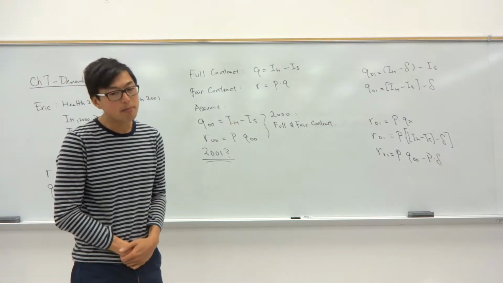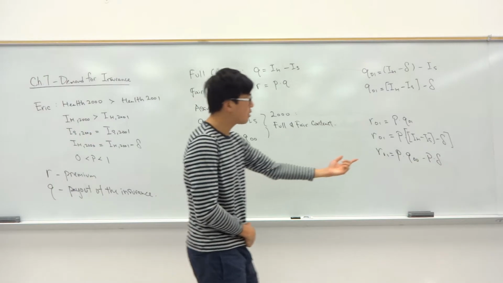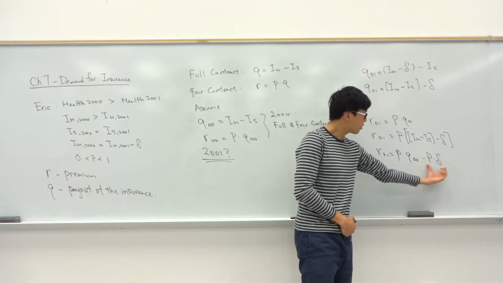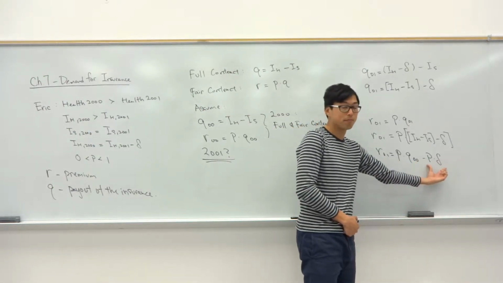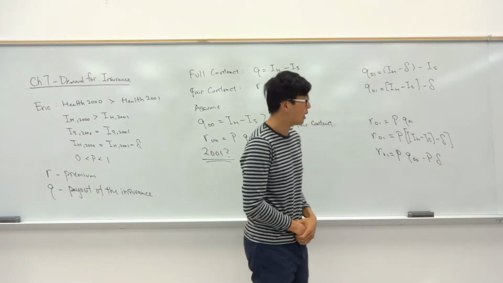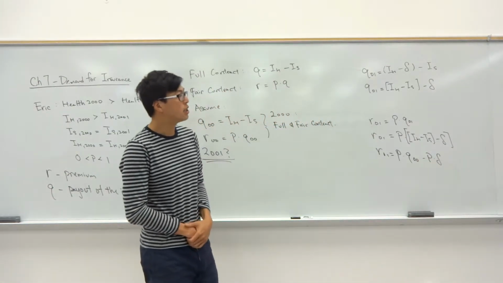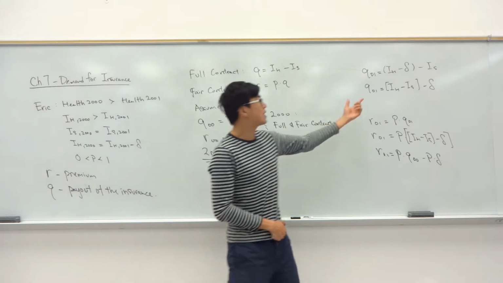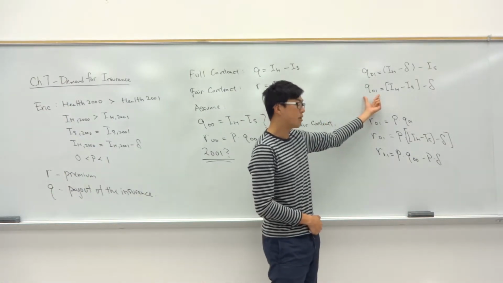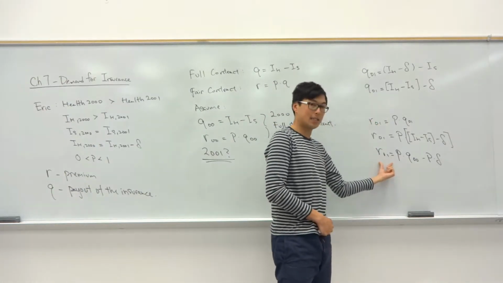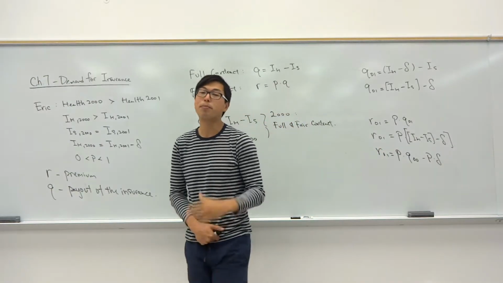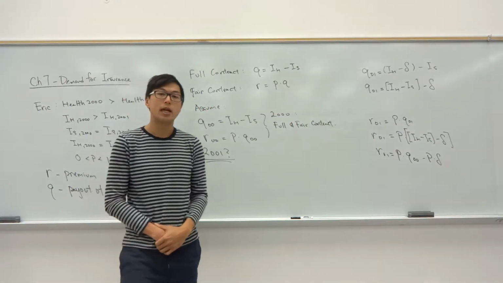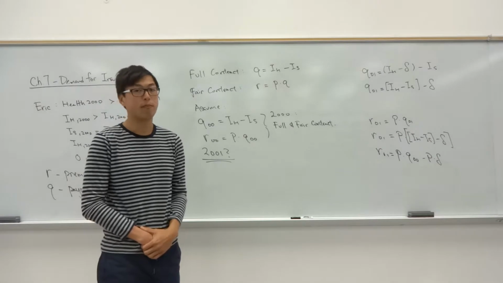But the premium that he paid actually decreases. So he has to pay less to cover his insurance. In general, he gets less quantity from the insurance, but he paid less in the year 2001 because his healthy state income changed from one year to another.